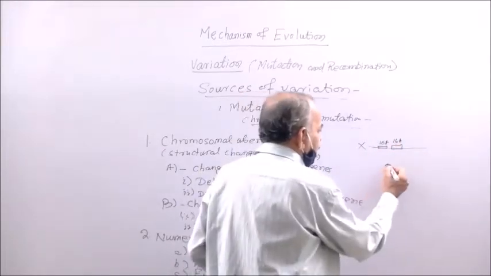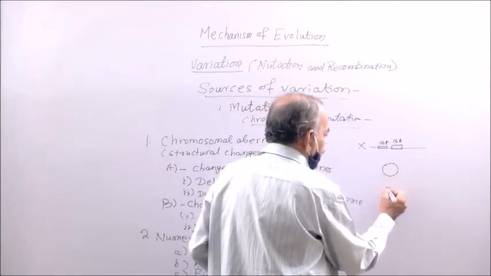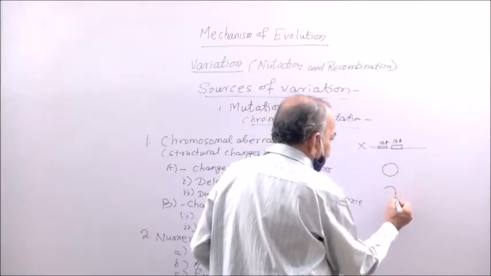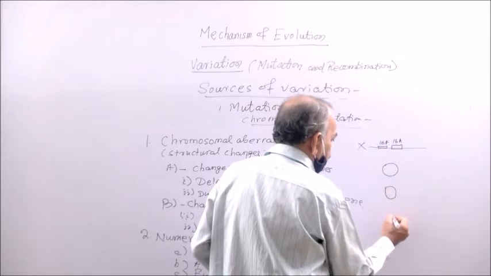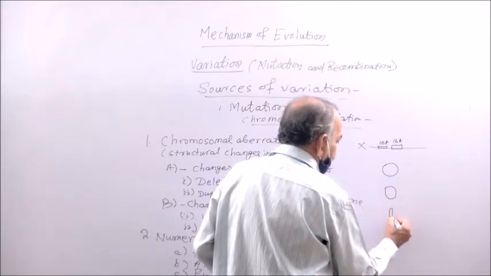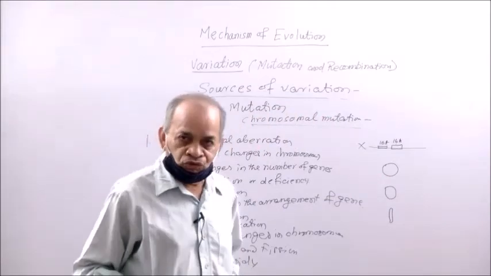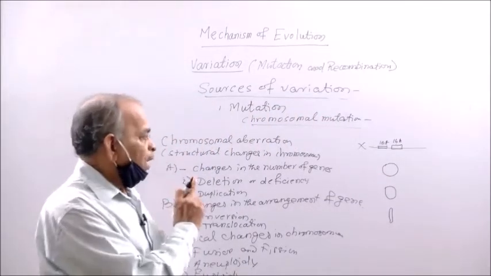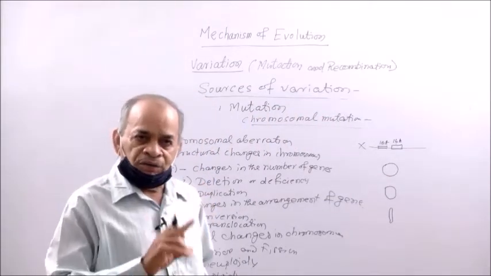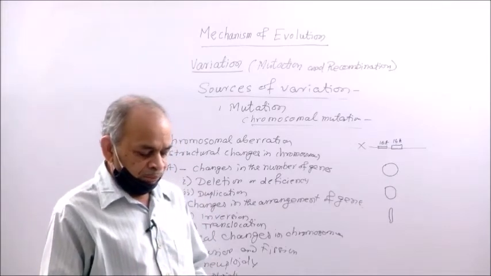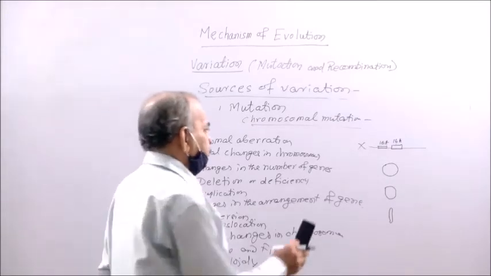So the normal eye is like this, then bar eye becomes this, and ultra bar is like this. The number of facets is reduced. So normal eye, bar, ultra bar, that is duplication. Then inversion.